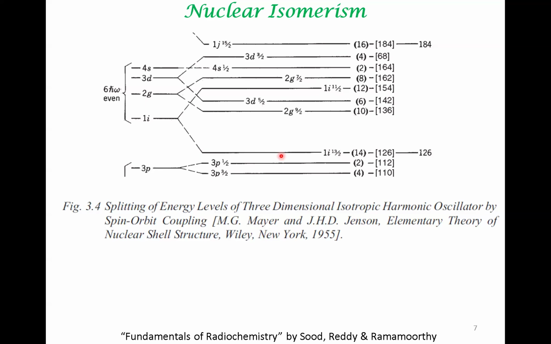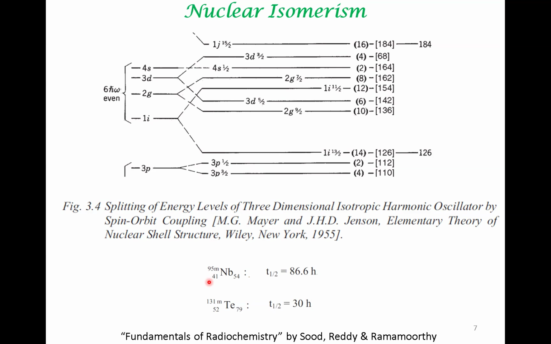The nucleons can be present in one of the levels, and it takes some time to get de-excited to lower levels. So nuclear isomers can also be rationalized within the nuclear shell model, which includes the coupling between L and S. You can have metastable states of certain atoms.